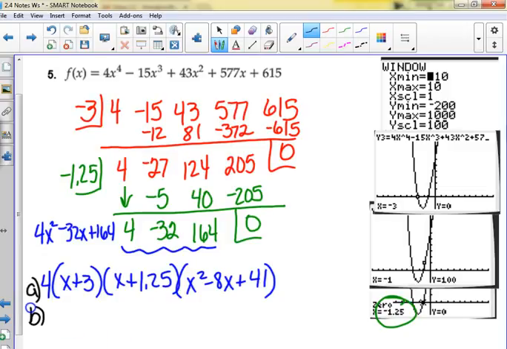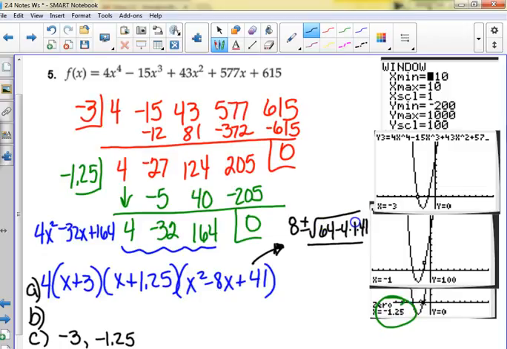Okay, before we try B, I want to go with C, which is find all the zeros. We have -3. We have -1.25. What do we have to do here? Quadratic formula? 8 plus or minus the square root of 64 minus 4ac over 2a. All right, I need help. -1.